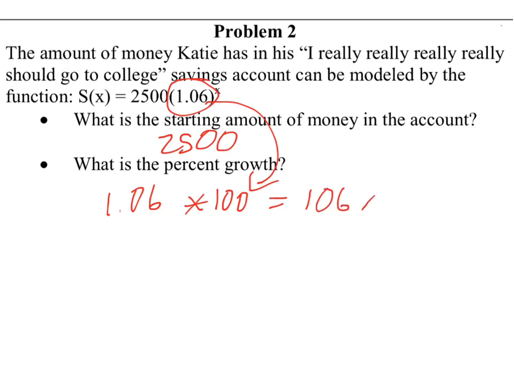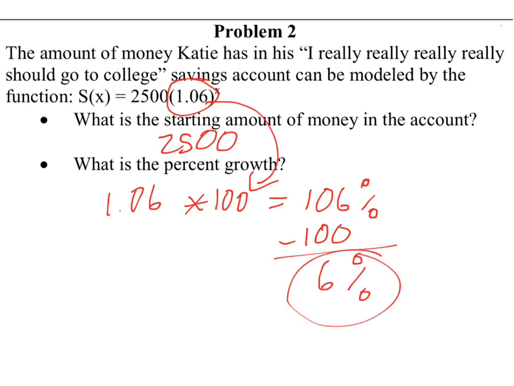So this is 106%, which is not the percent growth. Your percent growth is going to be how much bigger that is than 100%, because if you take a number and you times by 100%, that's like times by 1, doesn't do anything. But when you times by 106%, or 1.06, it's going to make it bigger. So that extra 6% is what's the growth rate.